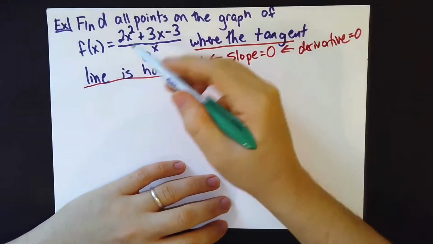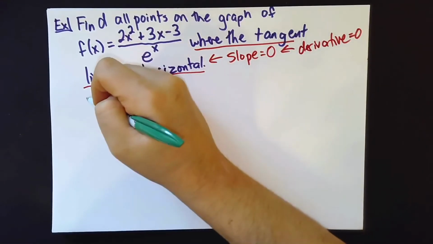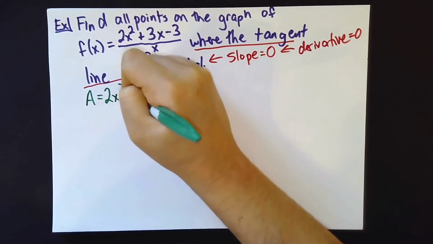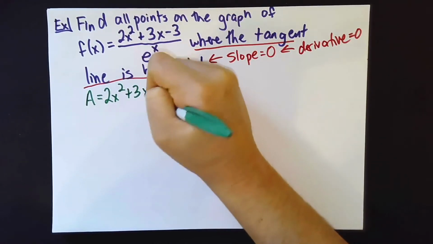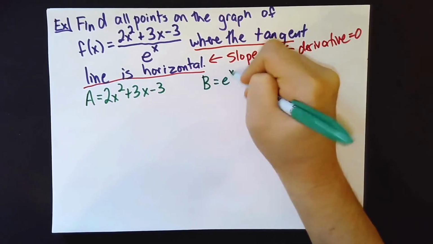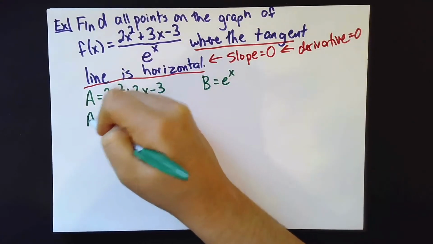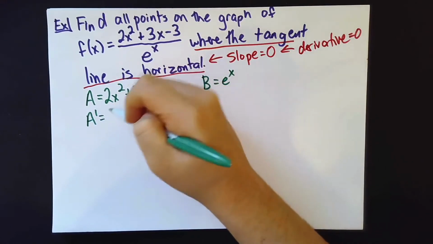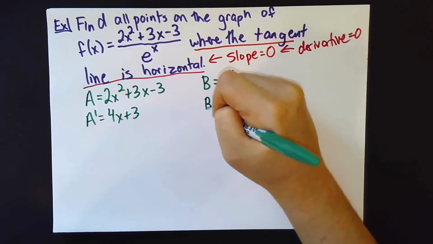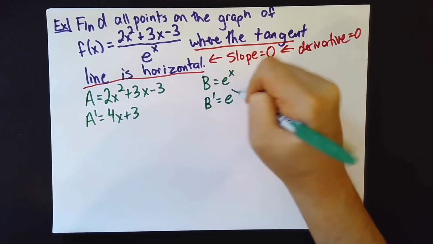Okay, so let's take the derivative of this function. So the numerator here is 2x squared plus 3x minus 3. The denominator is e to the x. So a prime is 4x plus 3. B prime is also e to the x.